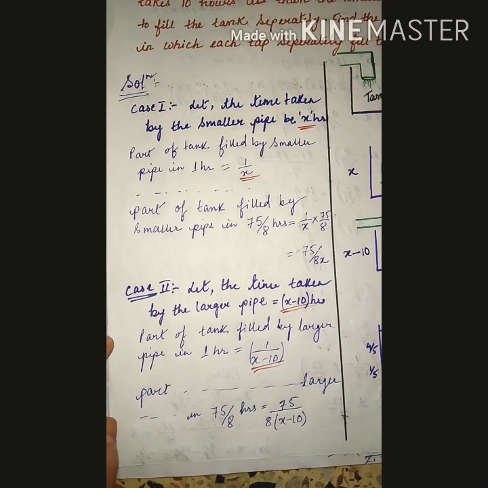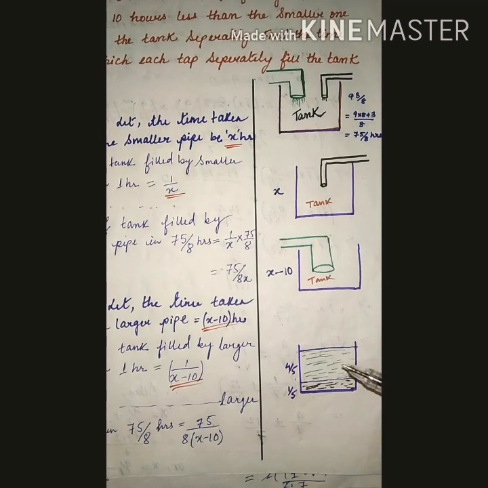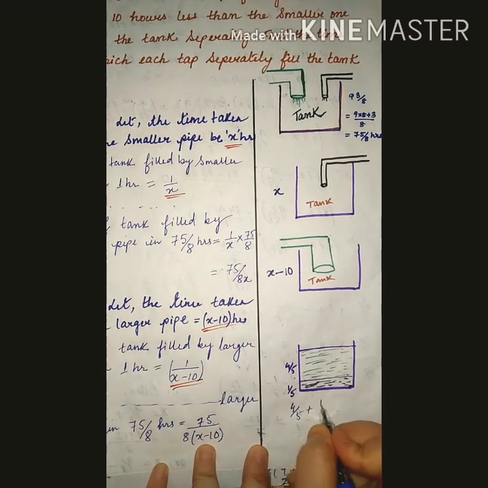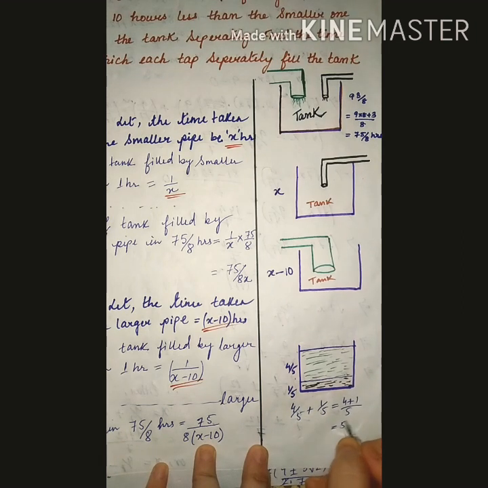This one. See, now we need to make the equation. How will we make it? Suppose this part is filled by the smaller pipe and this part is filled by the larger pipe, and together it completes the whole tank, isn't it? Together it completes the whole tank means what? 4 by 5 plus 1 by 5, you will get 4 plus 1, this one.